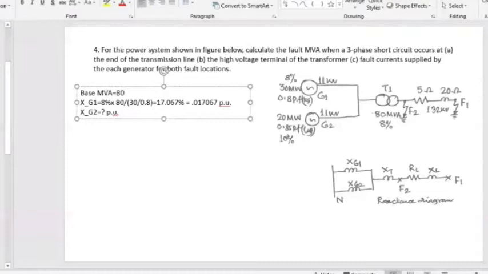0.34 per unit. That's correct. So X of generator 2 is 0.34 per unit. Thank you very much. Are others getting the same value?